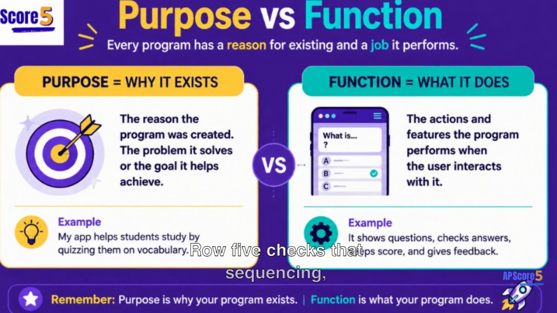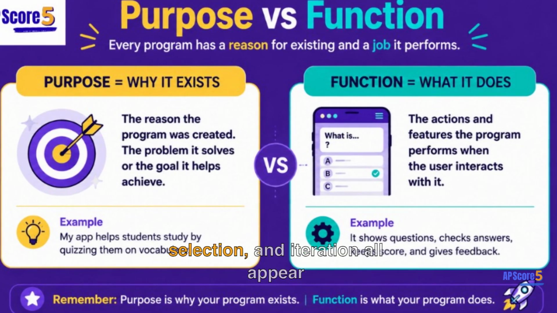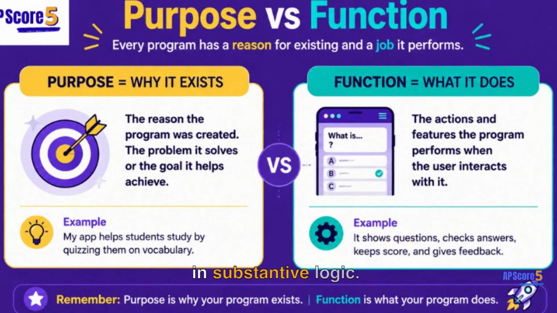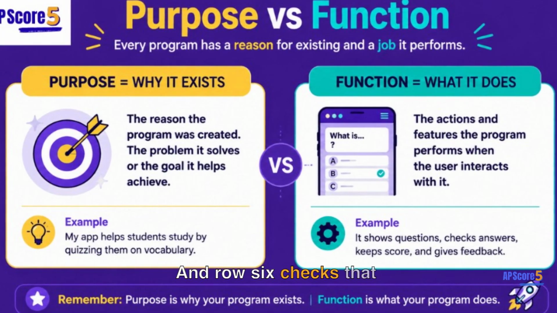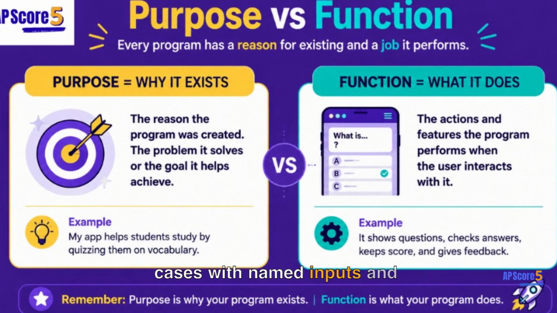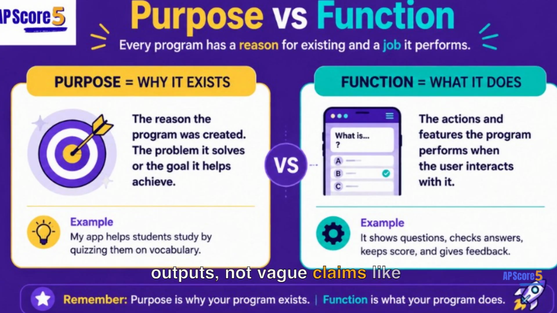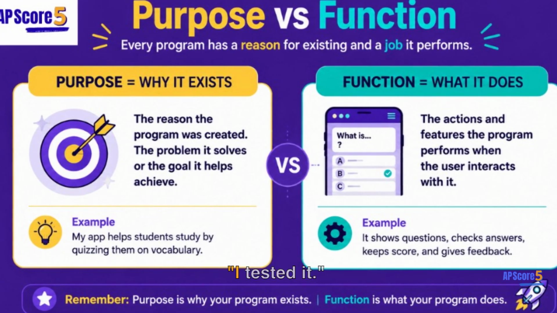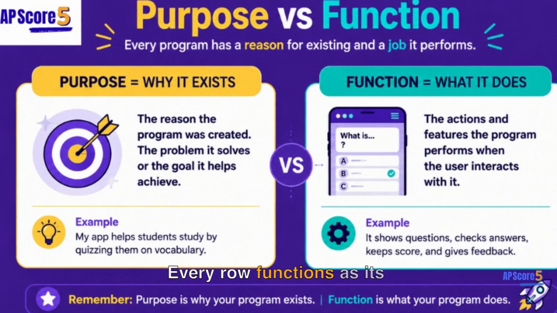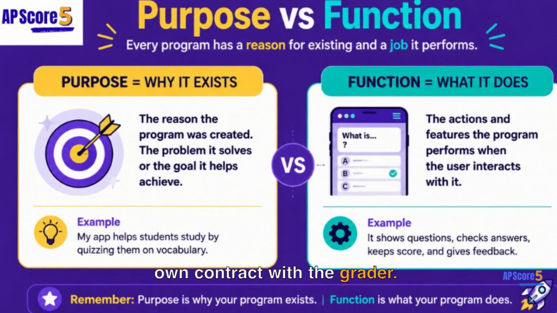Row 5 checks that sequencing, selection, and iteration all appear in substantive logic. And row 6 checks that you can describe specific test cases with named inputs and outputs, not vague claims like "I tested it." Every row functions as its own contract with the grader.